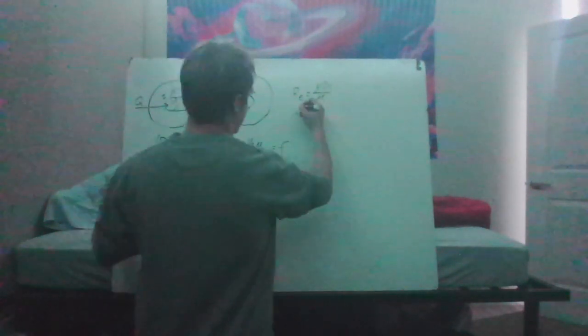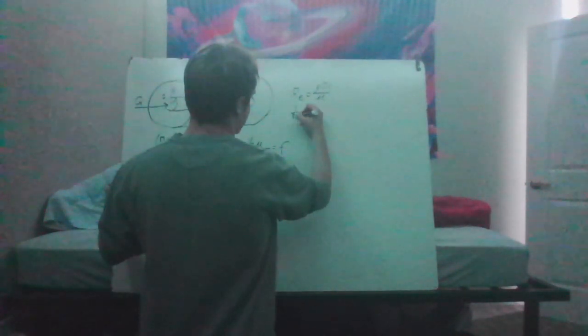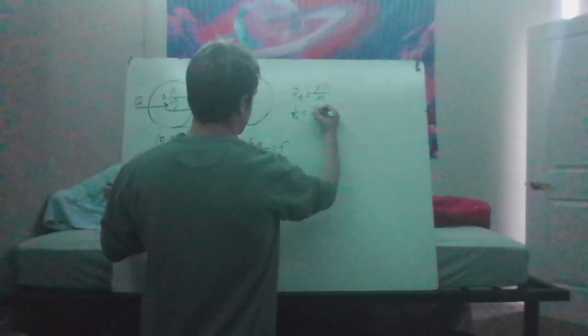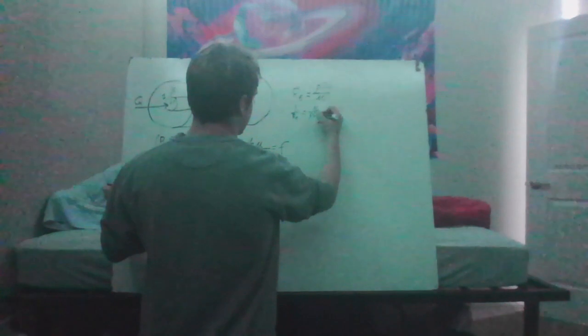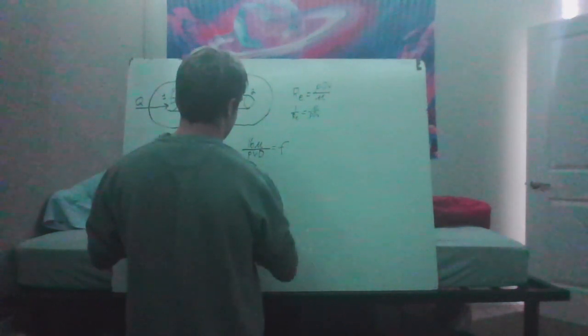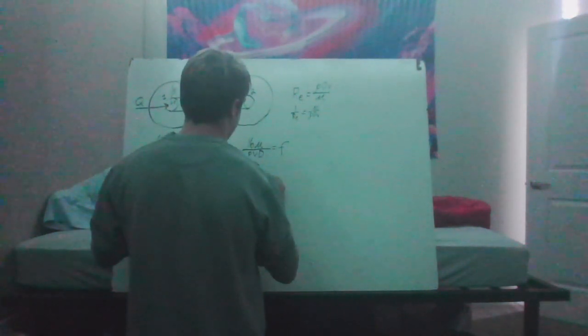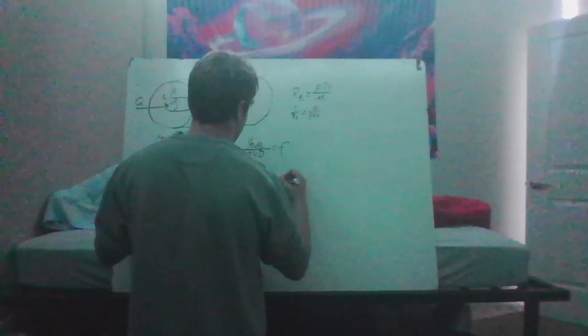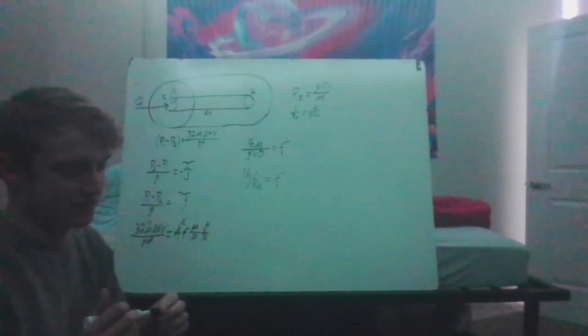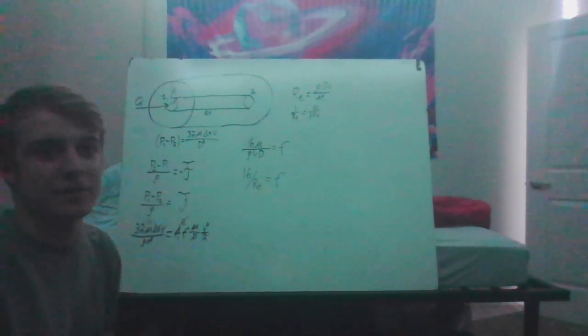So if we just flip that, 1 over Reynolds number is equal to mu over rho dV, and then we can plug that in and say we get 16 over Reynolds number is equal to f, our Fanning friction factor for this laminar flow problem.